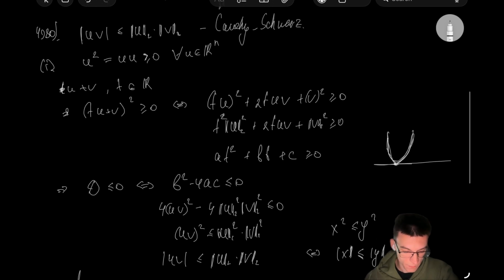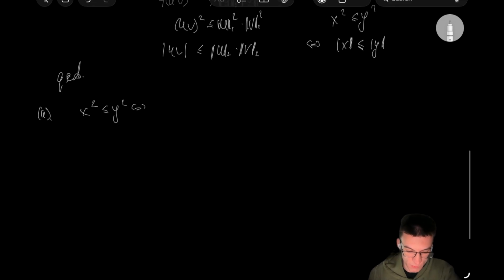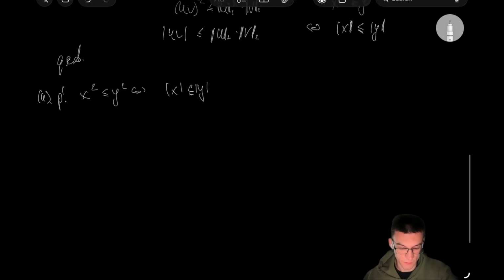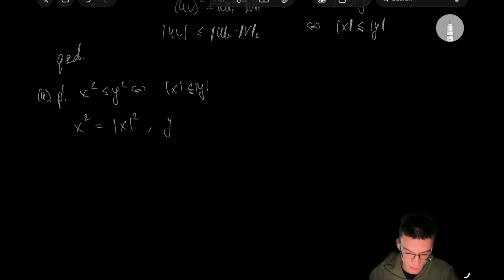But now you may be wondering how to actually show that x squared less than or equal to y squared is equivalent to the absolute values inequality. Well, that's pretty simple. We already know that the square of a number is the square of its absolute value, and the same for y.